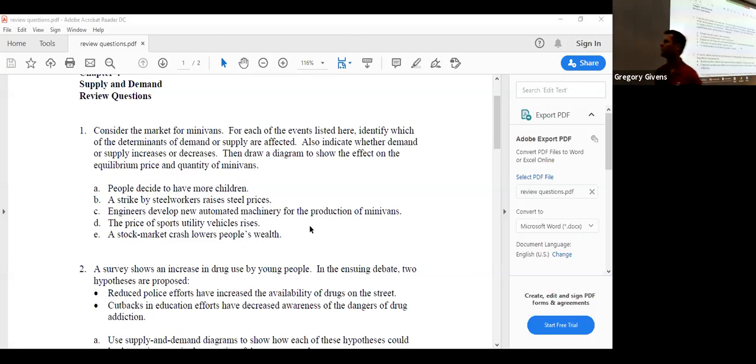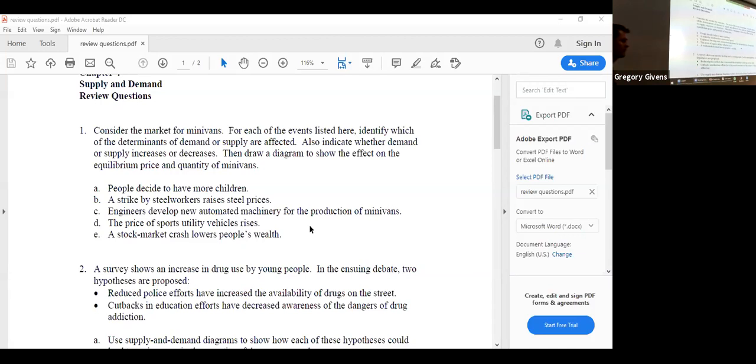The demand, that will probably affect the demand for minivans as opposed to the supply directly, and it will increase or shift to the right. Now, why is that? Bingo. Remember, preferences or tastes are things that can affect demand that economists don't try to explain. Rather, we just try to figure out how they affect demand.